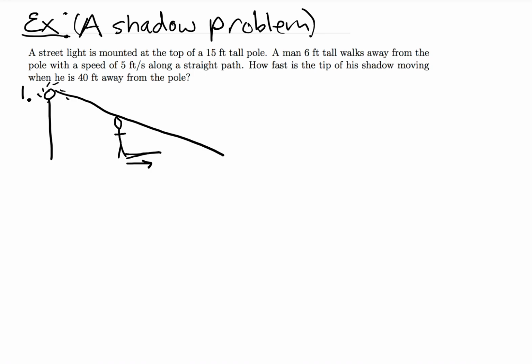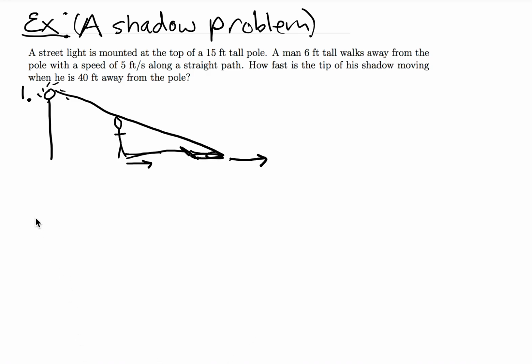So here's his really awkward shadow here. Now, what the question is asking is how fast is the tip of his shadow moving away? Well, we're asking basically how quickly this little point at the tail end is moving forward.